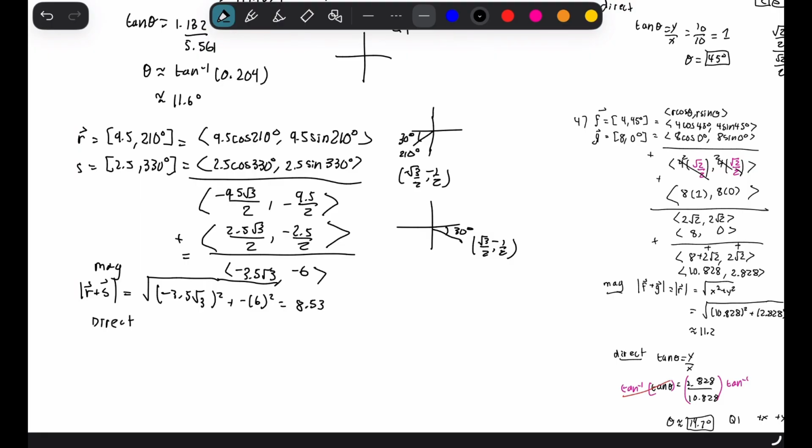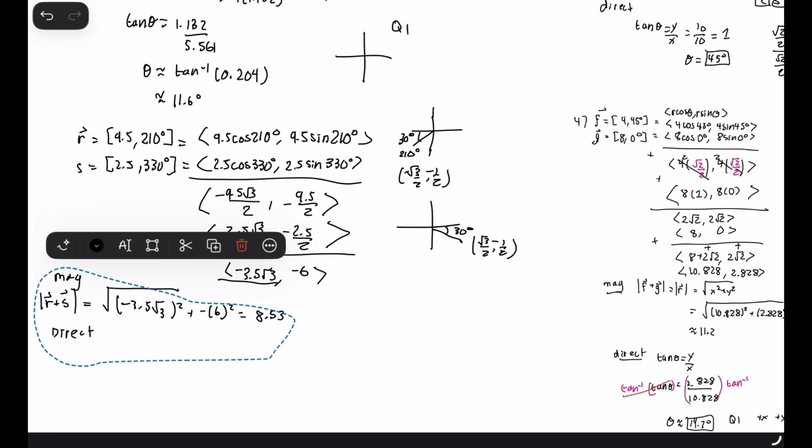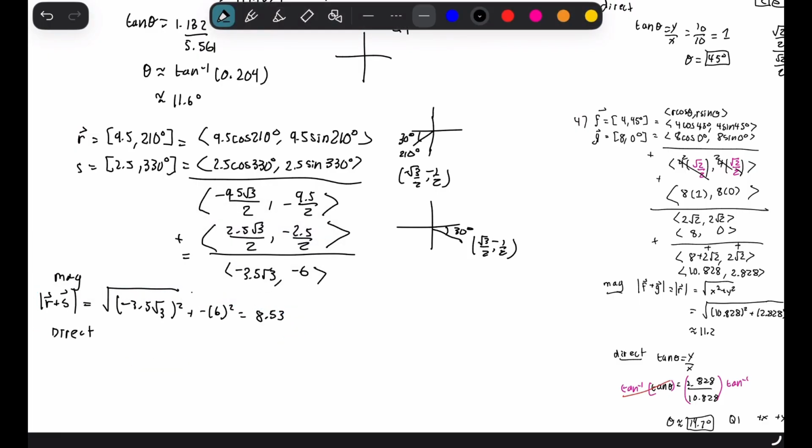For our direction, we're going to have two negative values. We have a negative x and a negative y, placing us in quadrant 3.